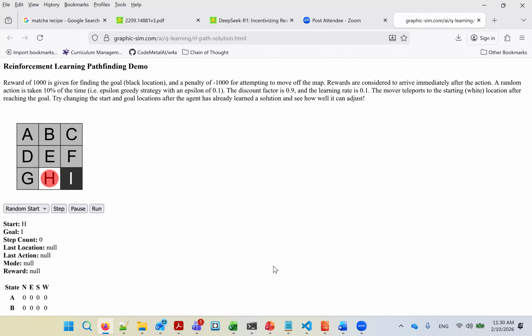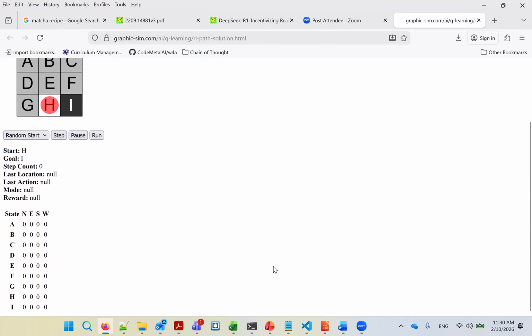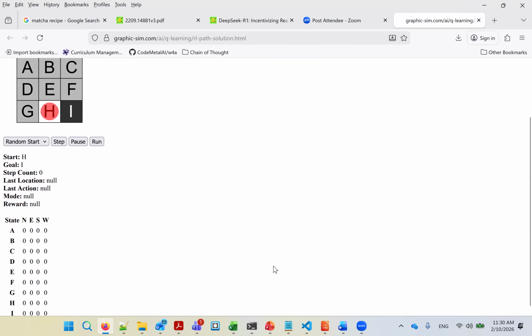You should totally understand it, in particular what it's doing with the Q table. Again, I'm going to shrink it down so we can actually see the Q table. Okay, let's see if this looks like a Q table to you.